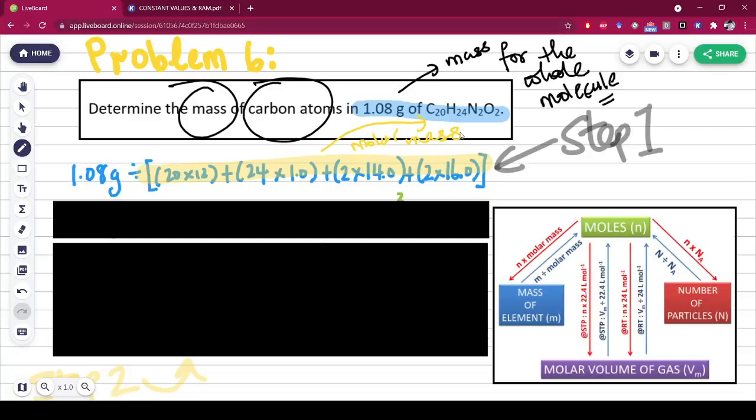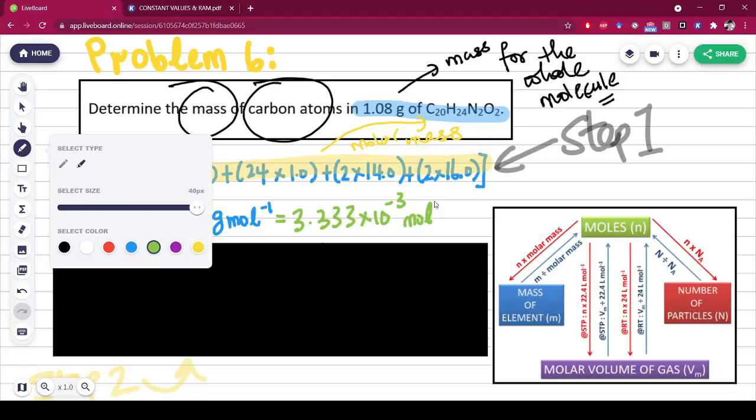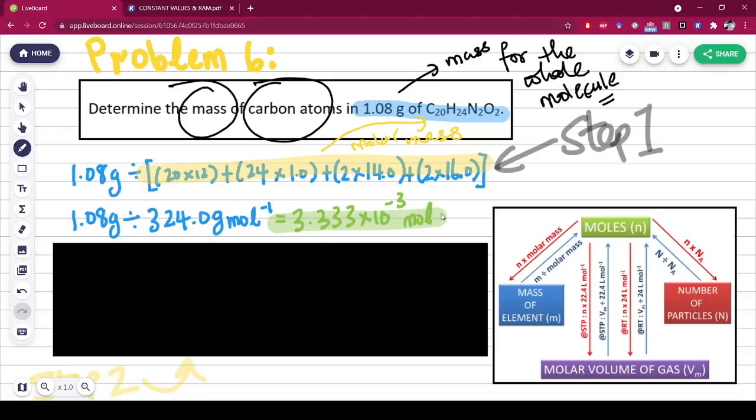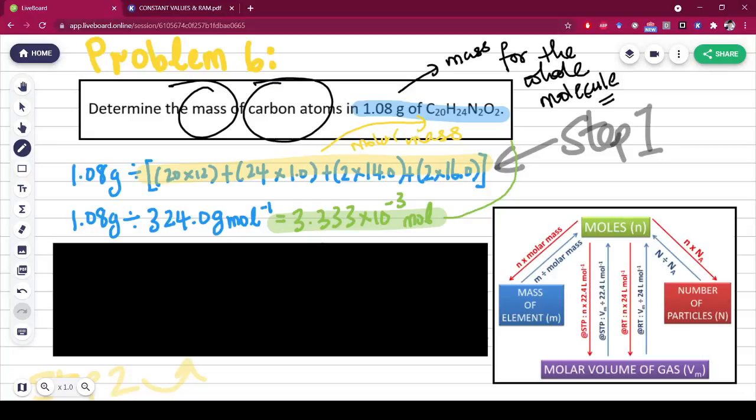And you do know how to work that out already. And you'll get the number of mole. So this is the number of mole for this whole thing. So we have done step 1 to find the number of mole for that whole thing.